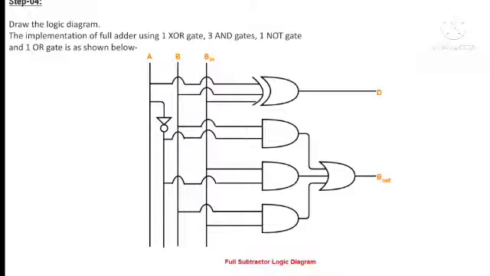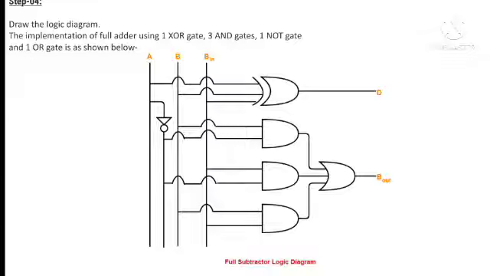Here we have to take 3 AND gates and 1 NOT gate to obtain B out. At first AND gate, the input variables of the first AND gate are A bar and B, and the output of the first AND gate is A bar B, and the input variables of second AND gate are B in and A bar.